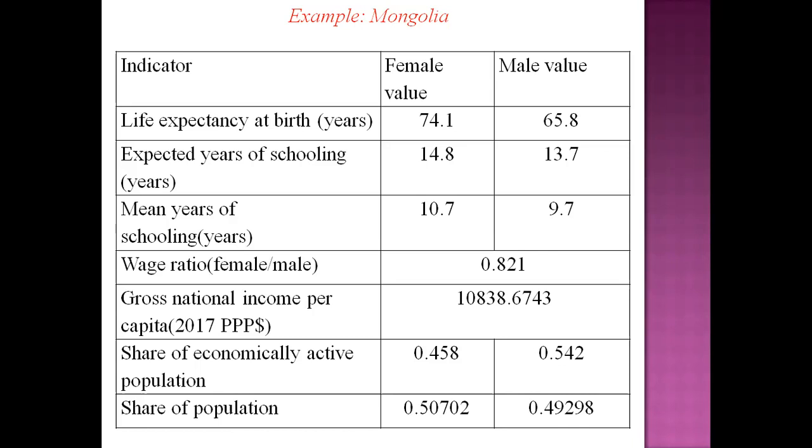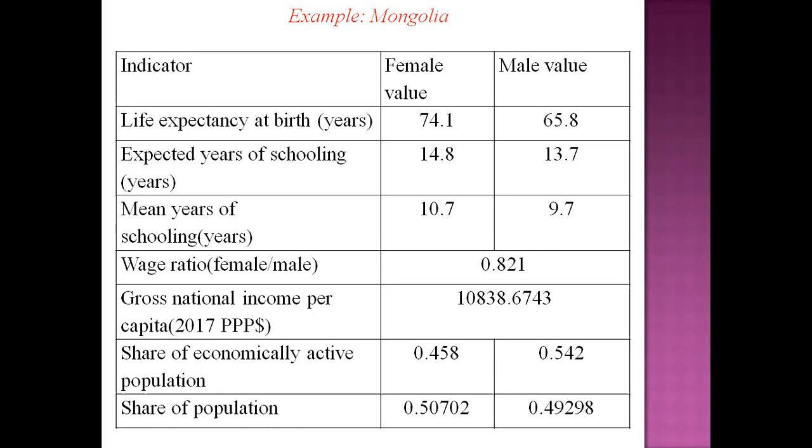On the other hand, 54% of males are employed in Mongolia in different economic sectors or industries, or in the government, public sector, or private sector. So there is a gap in the economically active population in Mongolia.